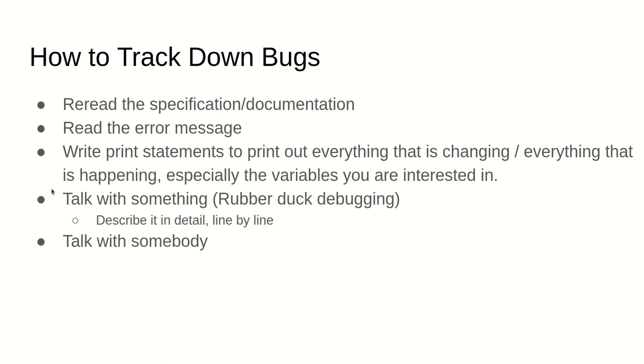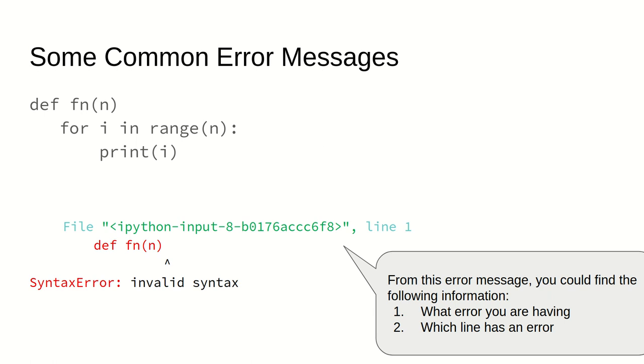It may also be helpful to talk through the issue that's going on, even to yourself or to an imaginary person or an inanimate object, just describing in detail, line by line, what you think should be happening and what you see happening. And you may also talk to another person who can give you some feedback and ask you questions and help you to think through where things might have gone wrong.